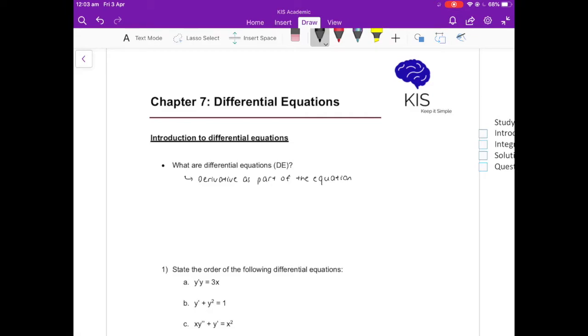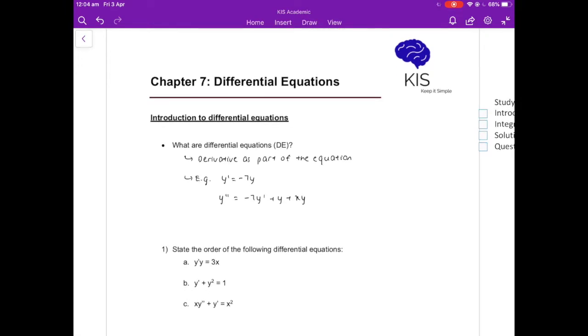So some examples would be y dash equals negative 7y, or you can have things like y second derivative equals minus 7 times the first derivative plus y plus xy. So those are differential equations.